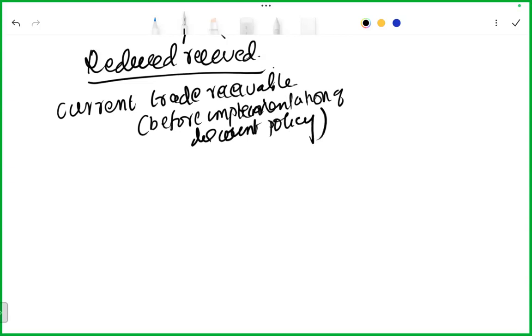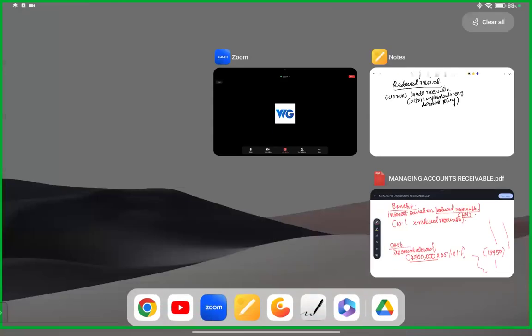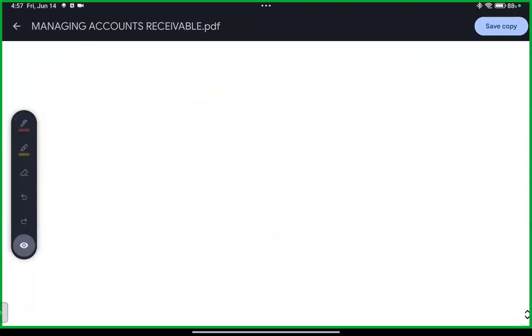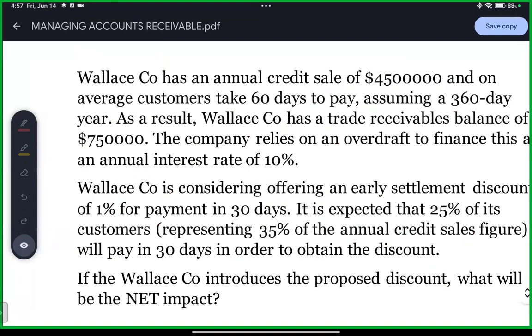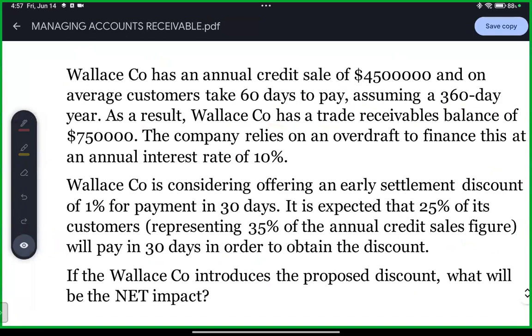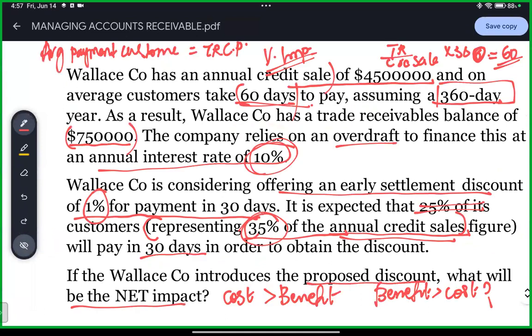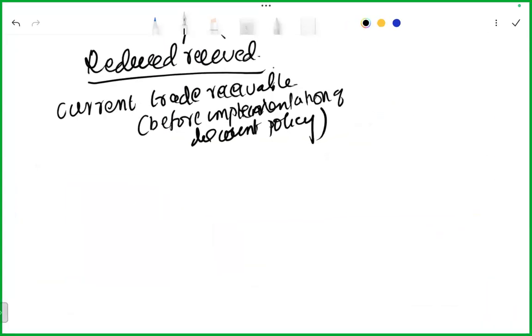Okay, you just need to write current trade receivable. So currently your trade receivable balance, I think it's given in the question, is 750,000. So before the introduction of this discount, customers normally take 60 days to pay, and in that 60 days time frame, the business is having trade receivables of 750,000. So you'll have to write your current trade receivable is 750,000.